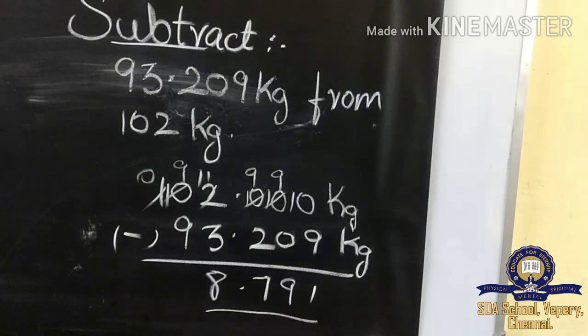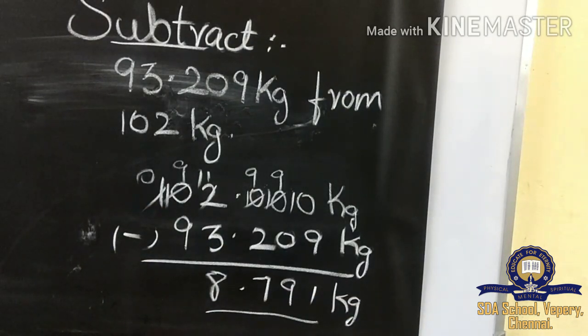If you subtract, what will be the answer? If you subtract 93.209 kg from 102 kg, the value will be 8.791 kg. Okay.